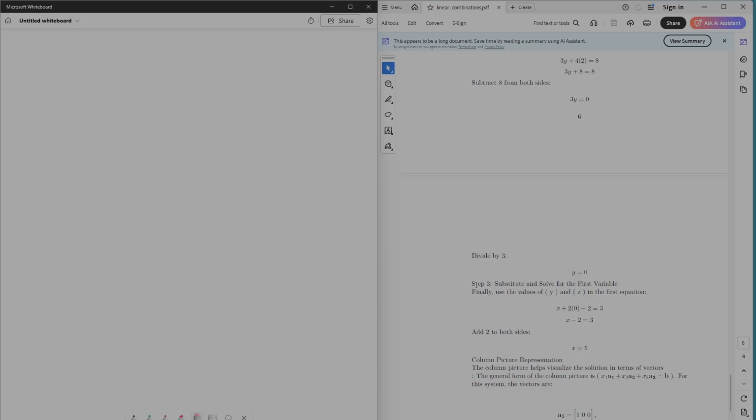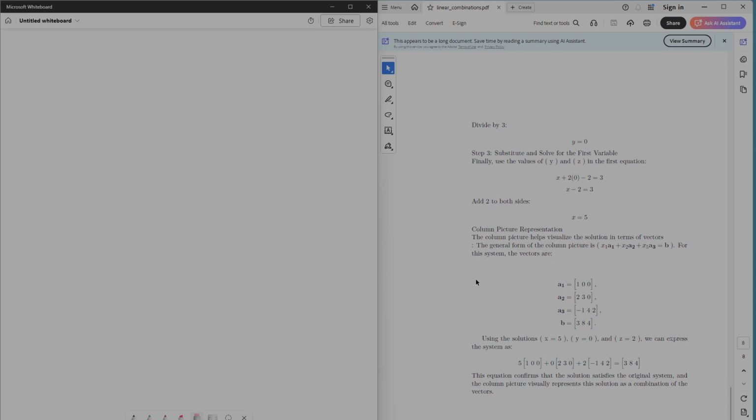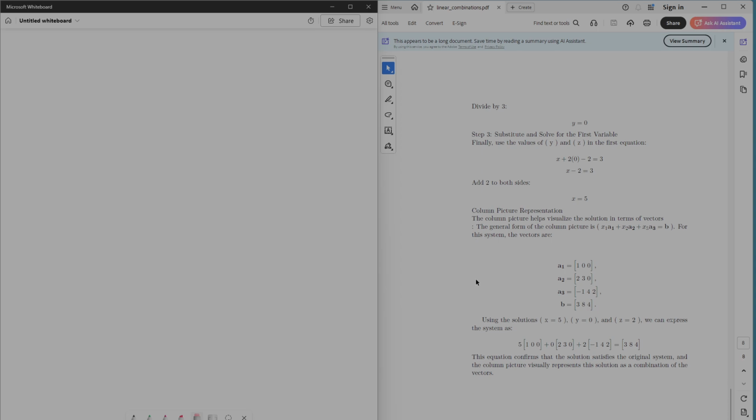And now we can do the column picture. The column picture helps visualize the solution in terms of vectors. As you can see, we can form it as x1 a1 plus x2 a2 plus x3 a3 is equal to b.